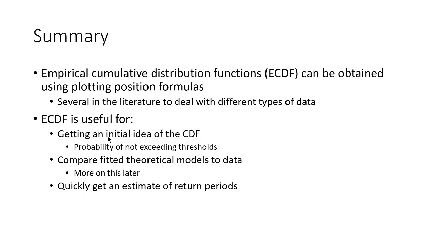And in this class, what we did was we looked at how to plot that cumulative distribution function given some data that we have. Again, the cumulative distribution function that we plot using plotting positions, or the empirical cumulative distribution function as we call it, is not really a distribution for the sample. It is a distribution of the population from which that sample came. Okay, so that distinction is very, very important.